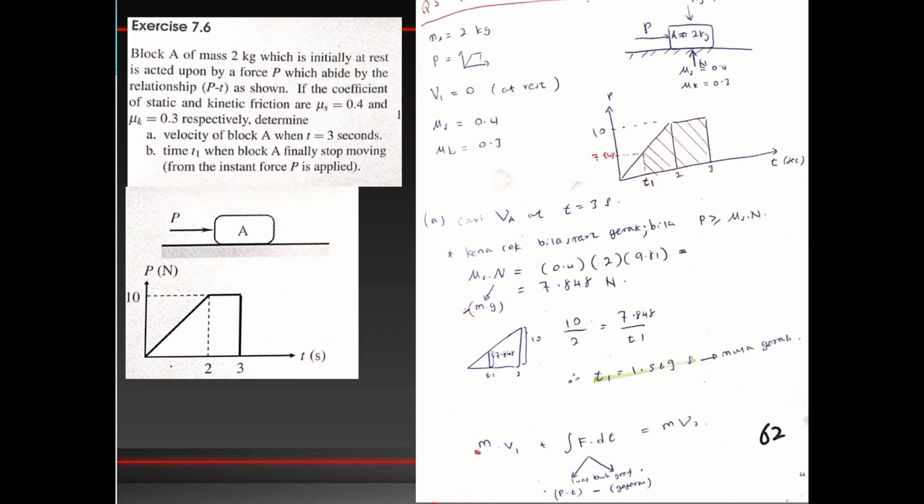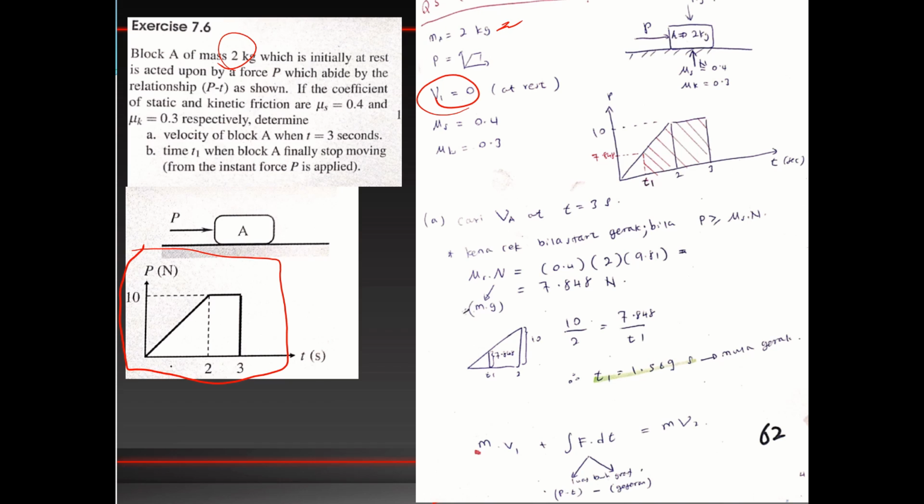Okay, so the question is this one. Block A of mass 2 kilograms, so we have 2 kg here, initially at rest, so v1 equals 0, is acted upon by force P, which varies with time as shown. So we have force P here using this graph.